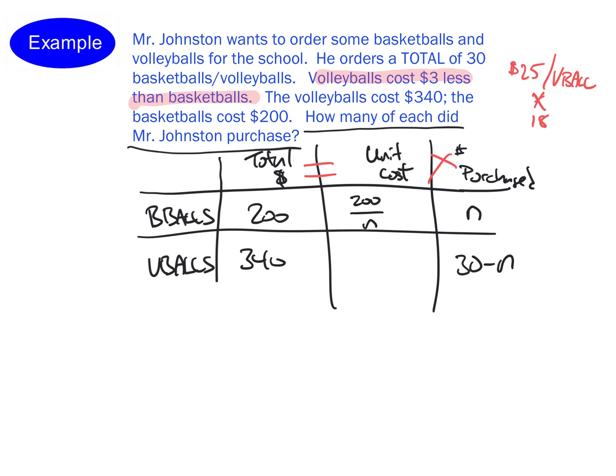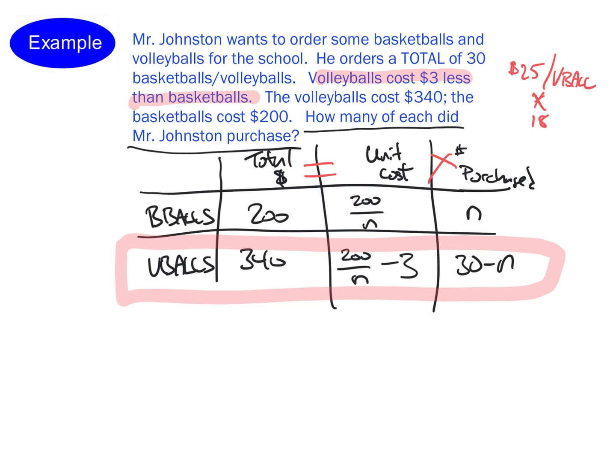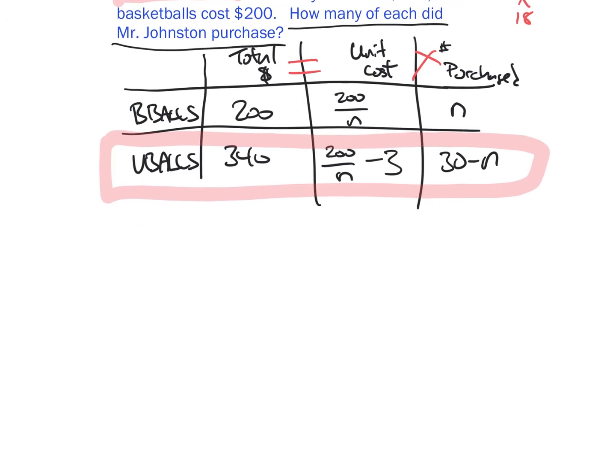And volleyballs cost $3 less. So really, the volleyball cost is going to be 200 over N, $3 less though, so minus 3. And this right here is what we're going to use to build our quadratic equation.